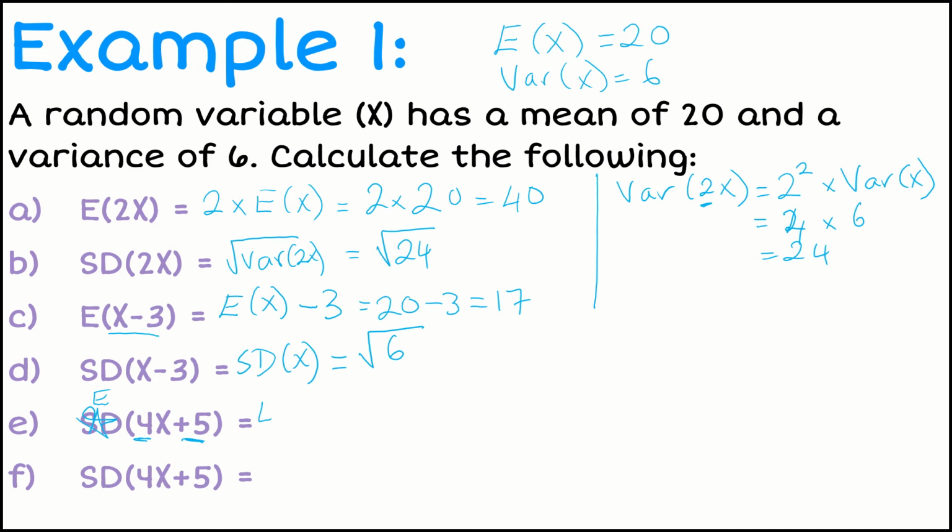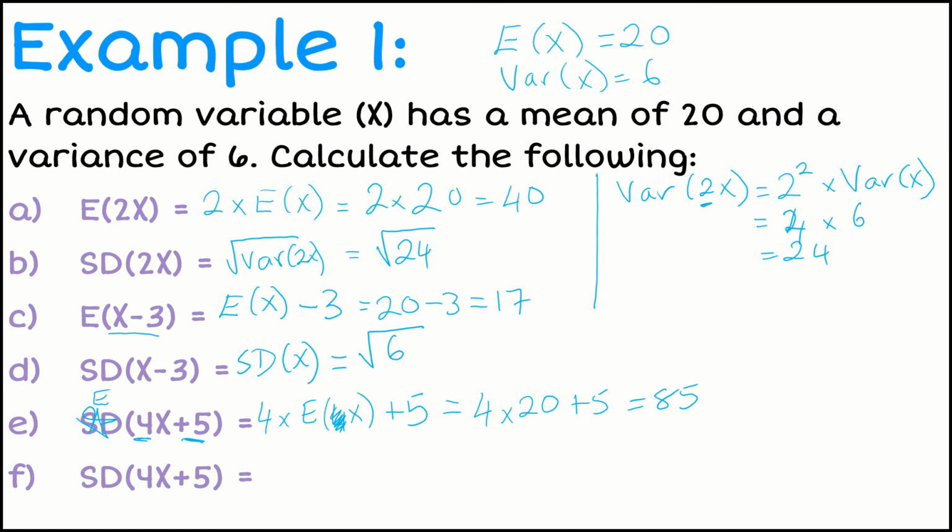So we're going to do 4 times the expected value of x, plus 5. Then I'm going to plug the numbers in. I know my expected value of x from the top is 20. So 4 times 20 plus 5 gives me a mean of 85.